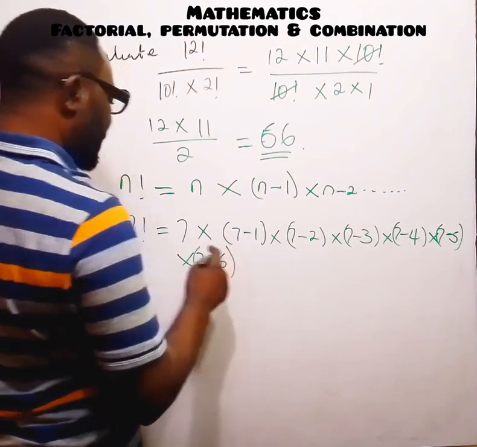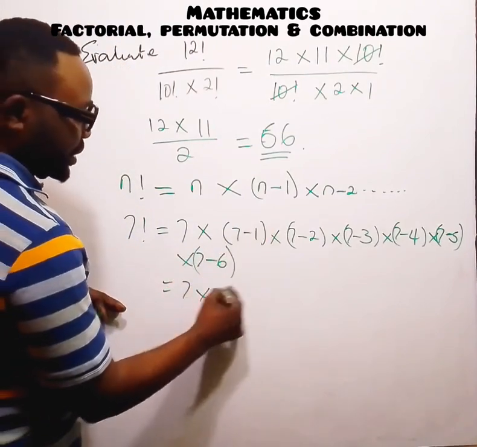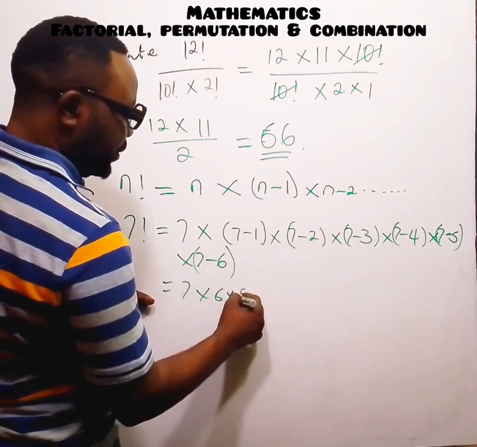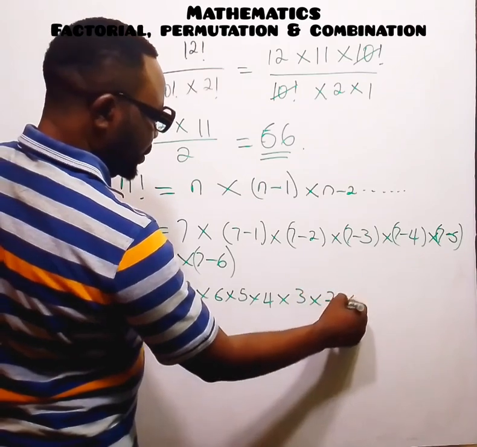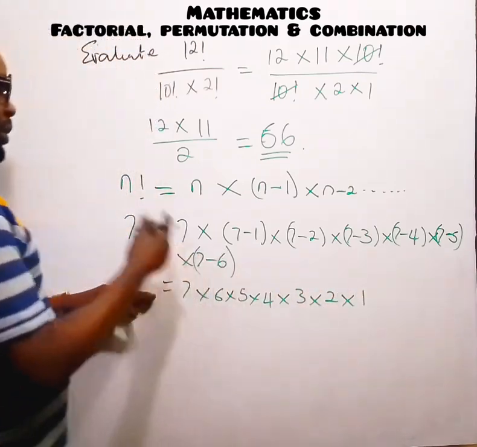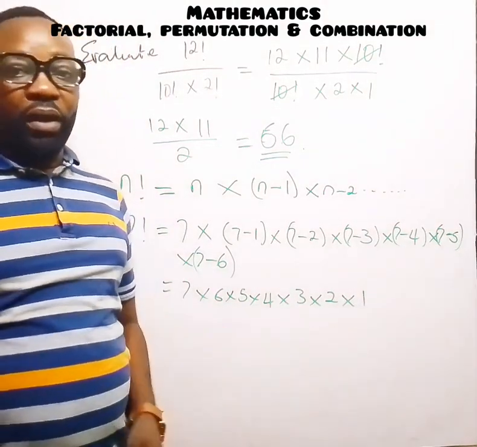So in that regard, let me now do the multiplication. I'm going to have 7 multiplied by 6, multiplied by 5, 4, 3, 2 times 1. So you can see that it is going in descending order.